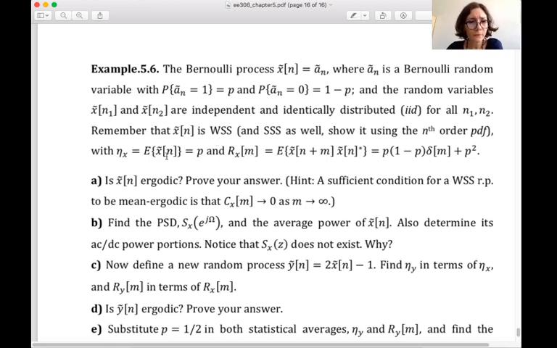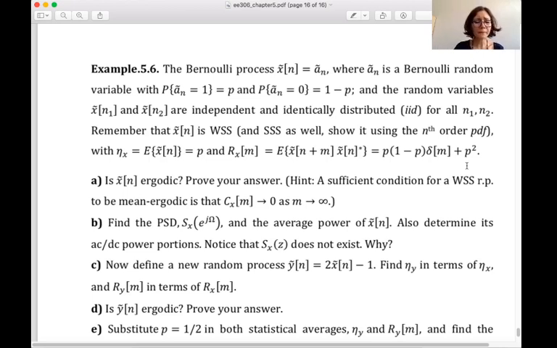So we also found that the mean function of the Bernoulli process is equal to p, simply the expectation of each sample, 1 with probability p, 0 with probability 1 minus p, so expectation comes out as p. And also it's very easy to show that the autocorrelation function of the random process is given by this expression.